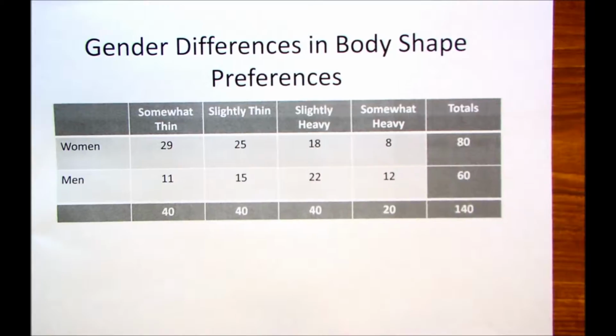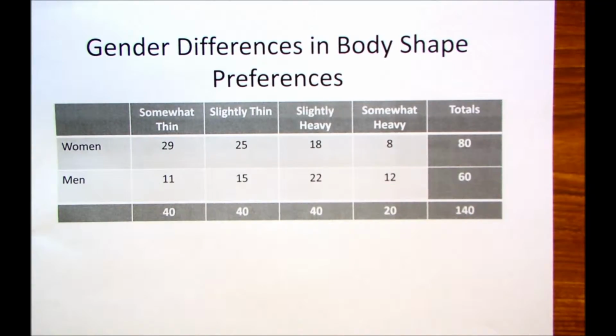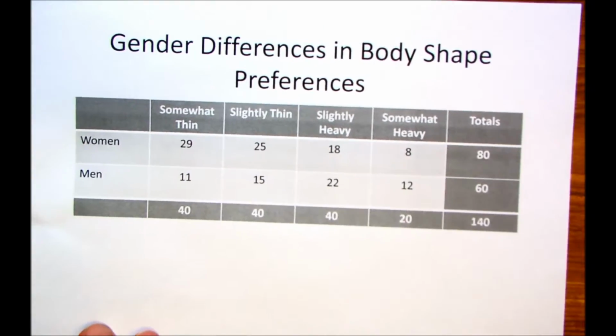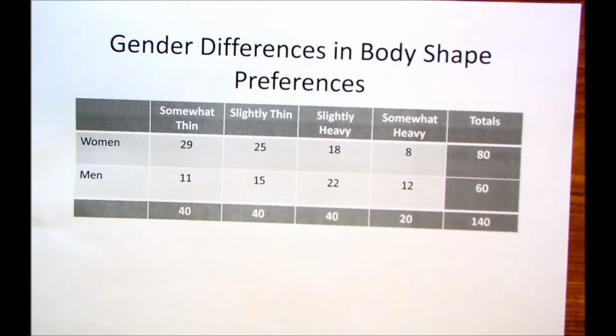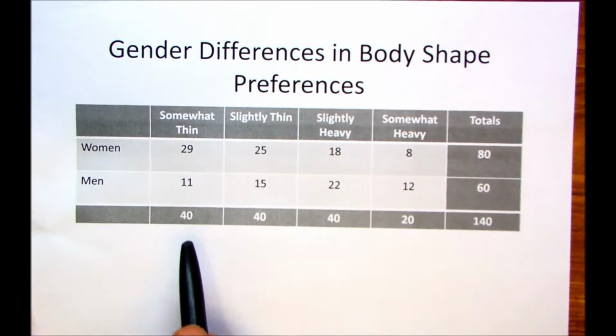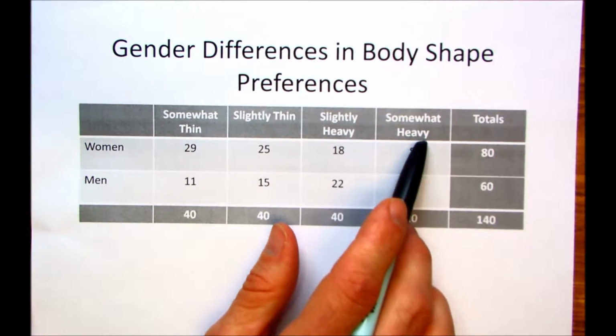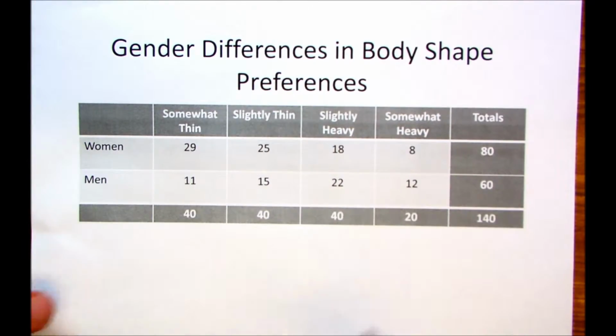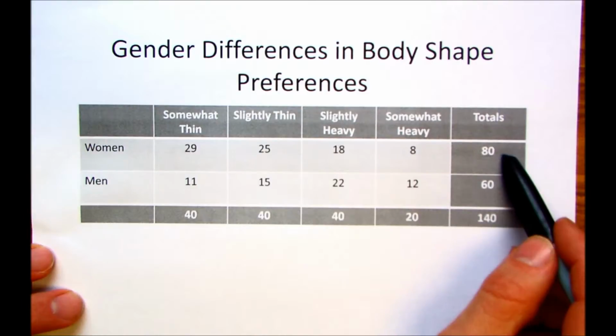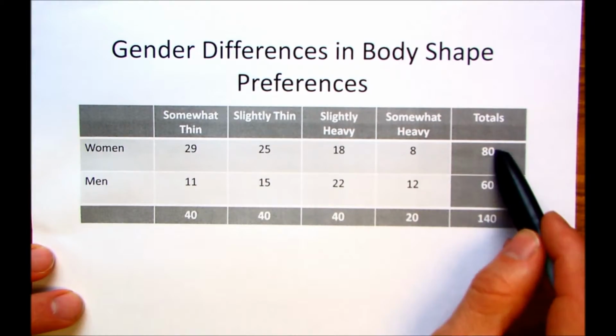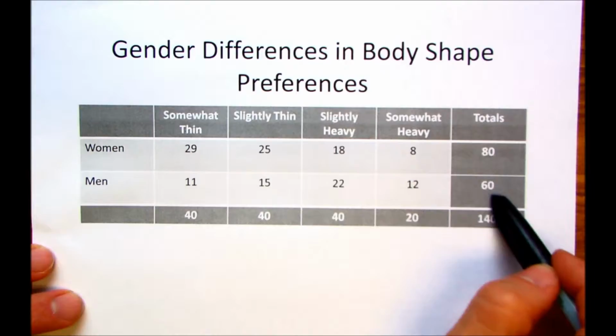Men and women are given silhouettes of women, from which they're able to tell the body shape. Which categories do they seem to prefer? They choose among somewhat thin, slightly heavy, or somewhat heavy. We've got our totals for women and men, the number of women who participated in the study and the number of men.